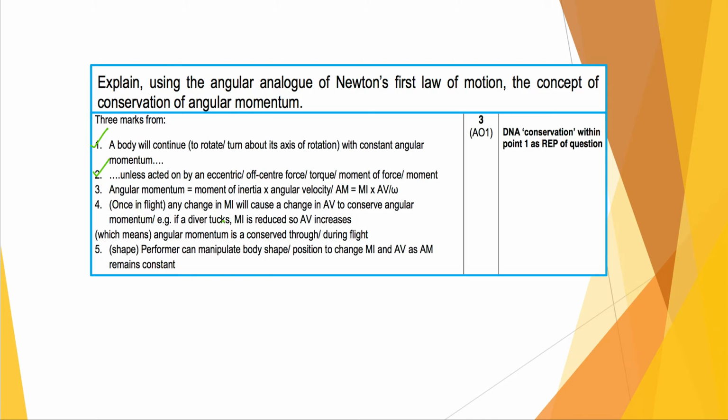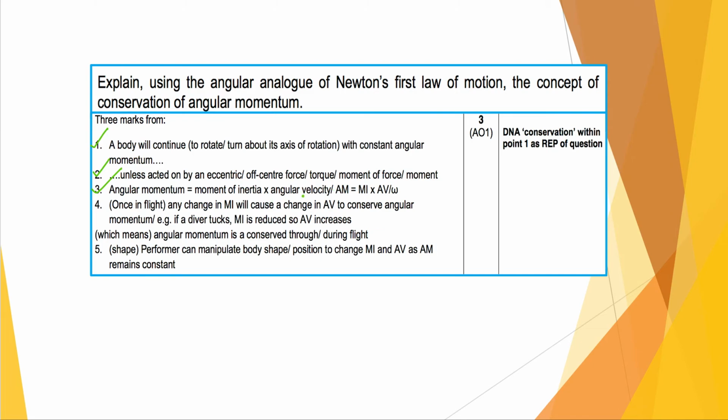So then you probably would have gone on to say that this means that once in flight, once angular momentum has been generated, a change in moment of inertia has to mean a change in angular velocity, because angular momentum is moment of inertia times angular velocity.